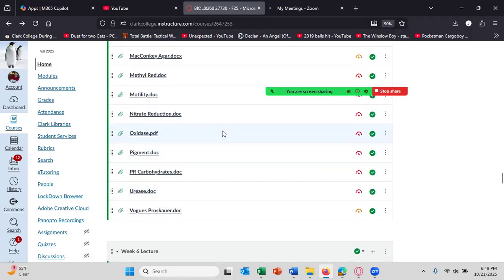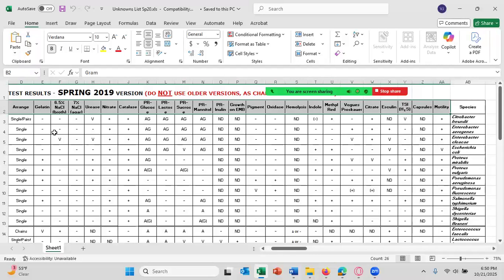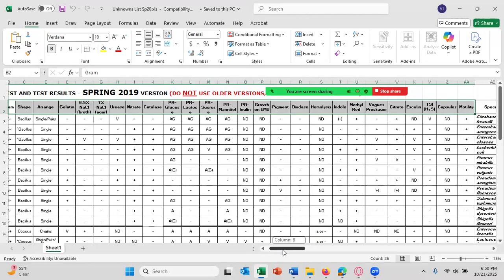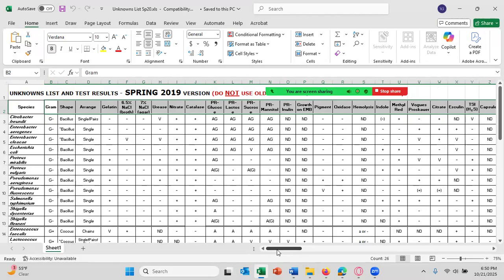I think all the others are. And then most of the other tests are here that you can run. So you need to run various tests to determine what species of bacteria your number is representing.